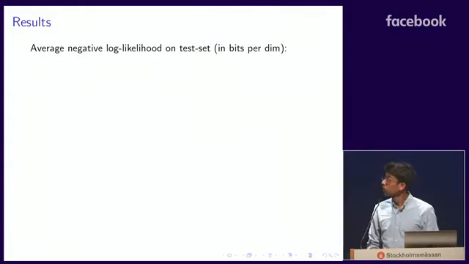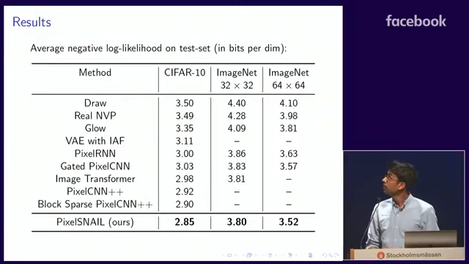In terms of quantitative evaluation, we look at CIFAR-10, a 32 by 32 version of ImageNet, and the 64 by 64 version. We look at the average negative log likelihood on the test set. The first four baselines that you see there are non-autoregressive models, and then you've got a bunch of autoregressive ones: PixelCNN, PixelRNN, and some variants.